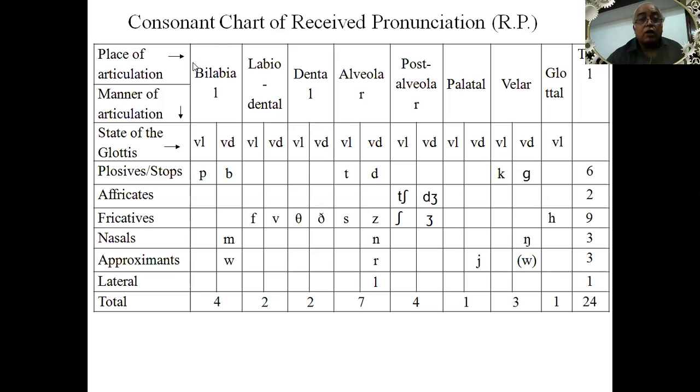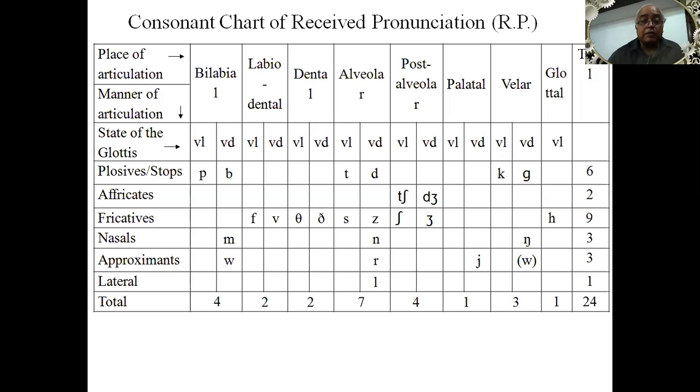It is also a bilabial sound because the lips come in contact with each other, and it is also a plosive sound. So the three-term label of b is voiced, bilabial, plosive. Plosive again because air is built up inside the mouth. There's a total closure and there's a sudden release.